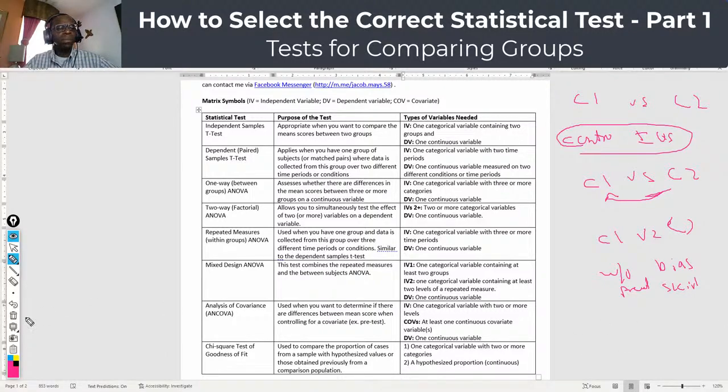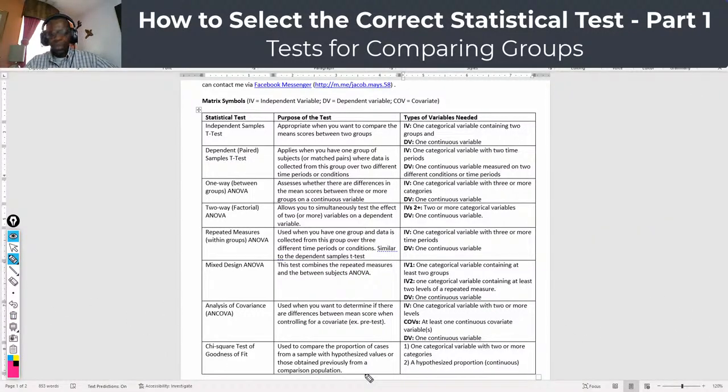And then finally, we have the chi-square test of goodness of fit, used to compare the proportion of cases from a sample with hypothesized values or those obtained previously from a comparison population. You have 1 categorical variable with 2 or more categories, and you have a hypothesized proportion. Okay? All right.